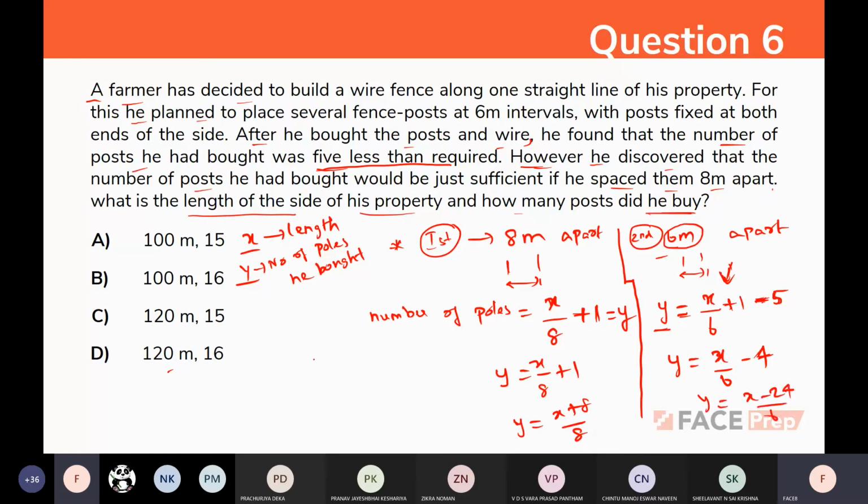If we cross multiply, the equation will look like this: x minus 8y is equal to minus 8. We can write the other equation like this: x minus 6y equal to plus 24. So at last, equations 1 and 2 will be like this.